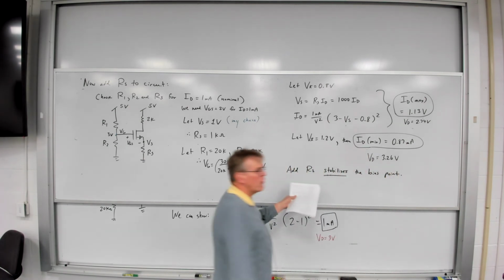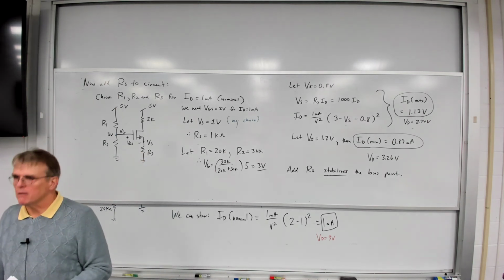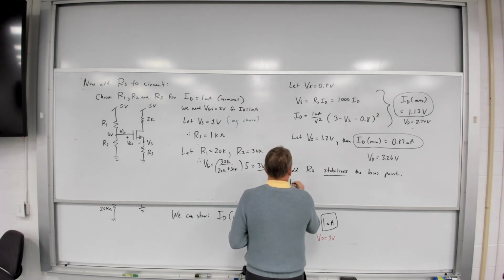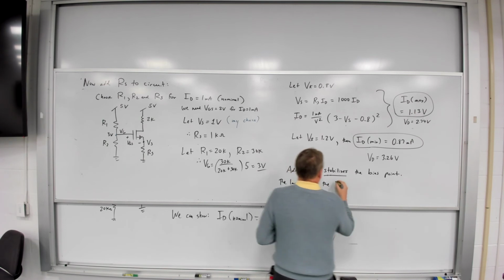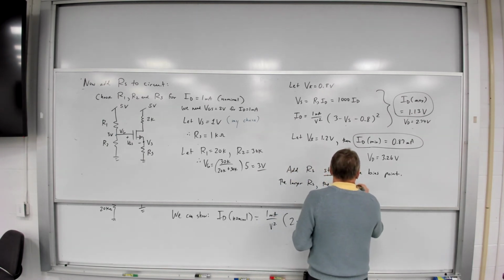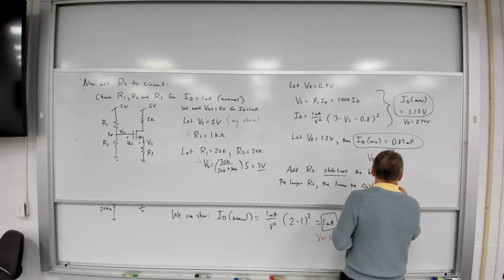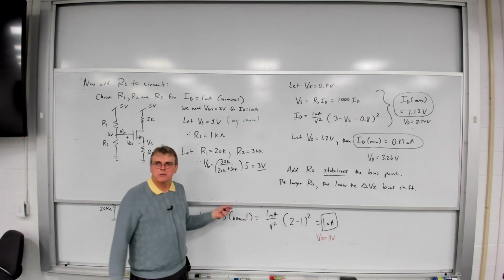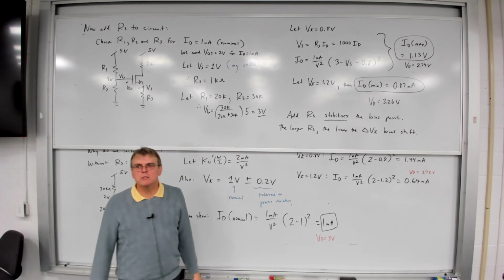And in fact, the larger RS, the less the bias point will shift due to delta VT. That's why we include that source degeneration resistor in these circuits. It gives us a more stable bias point.